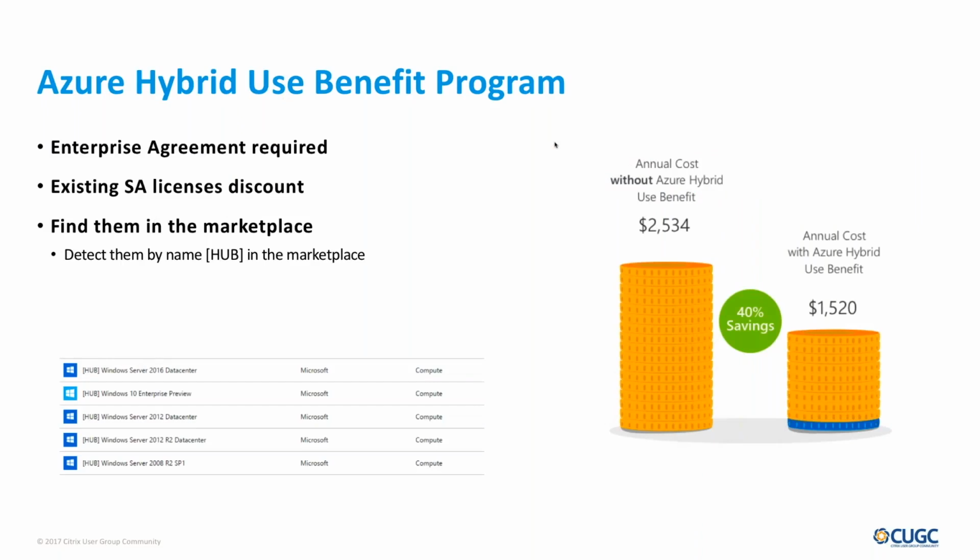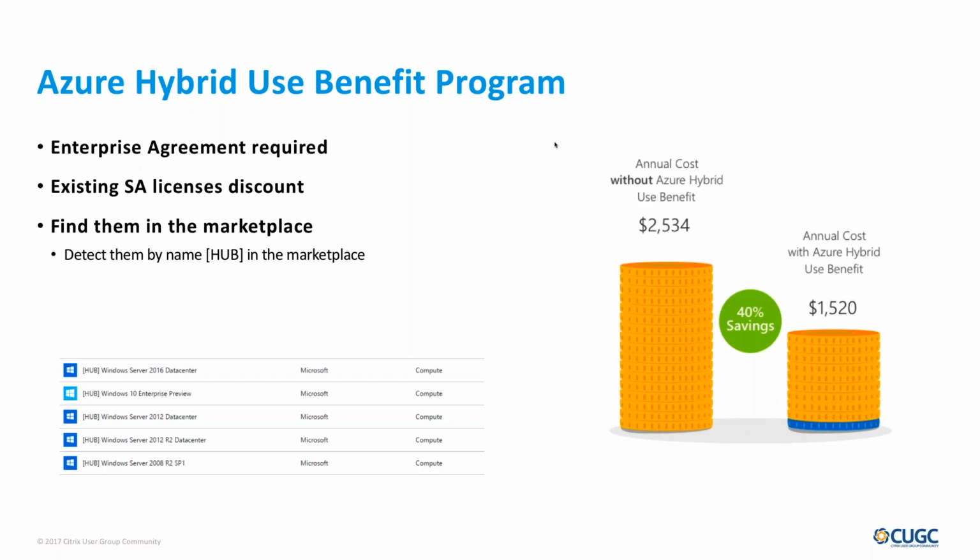Also interesting is the Azure Hybrid Use Benefit Program. With the Azure Hybrid Use Benefit Program, you can use resources in Microsoft Azure with a big discount of up to 40%.